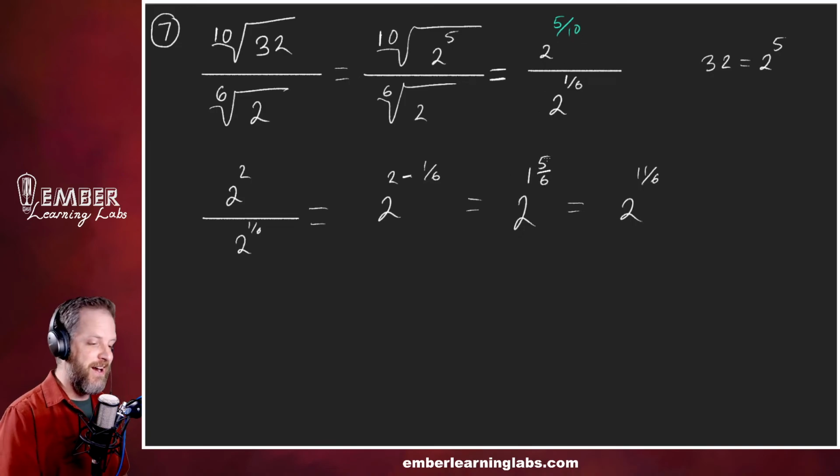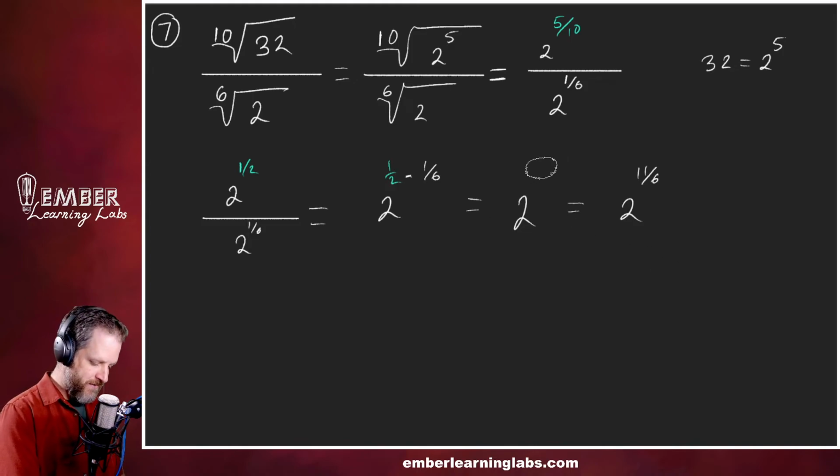The root goes in the denominator, the power goes in the numerator, which means that this guy turns into 1/2, which means this guy is 1/2, which means this guy is the much easier to deal with 1/3.